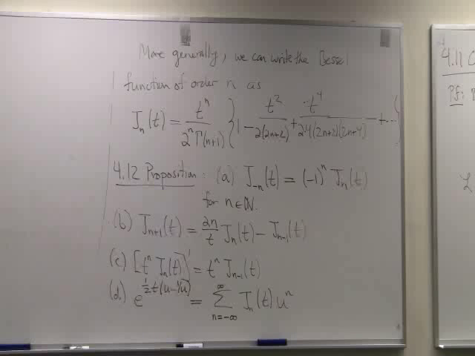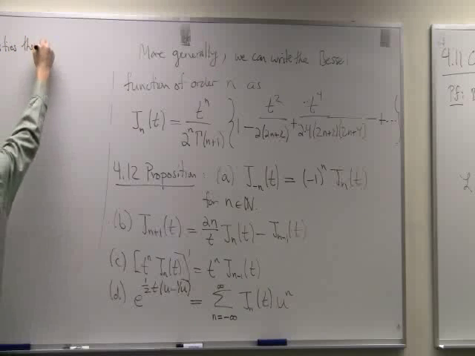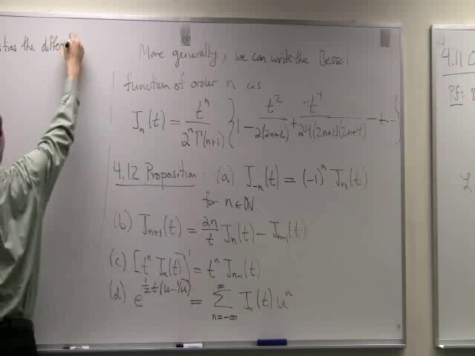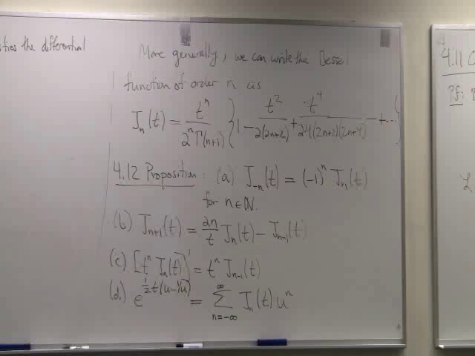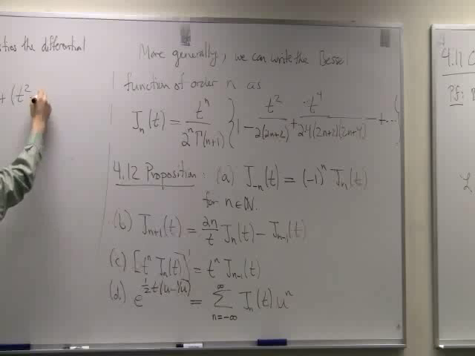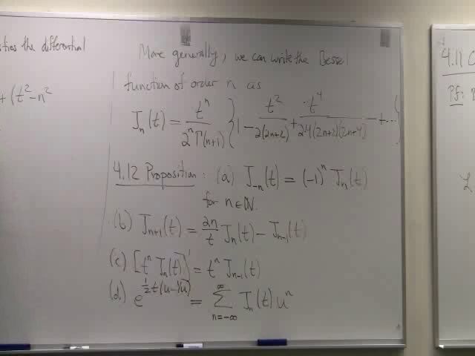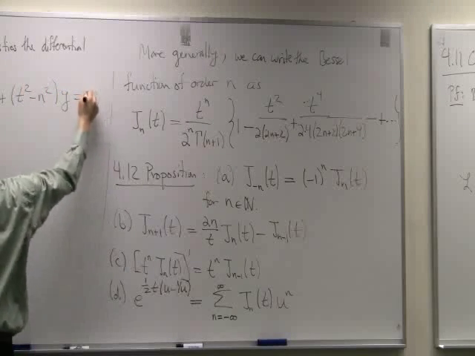on. All right, and then the last thing, I think I said at the beginning, is that J_n of t satisfies the differential equation t squared y double prime plus t y prime plus (t squared minus n squared), where n is the same n, times y equals 0.